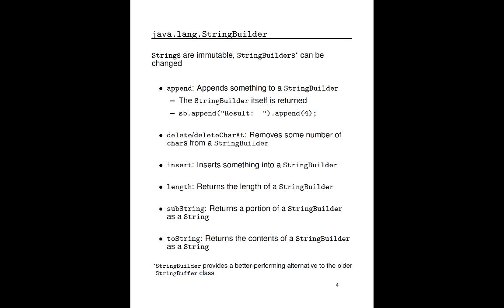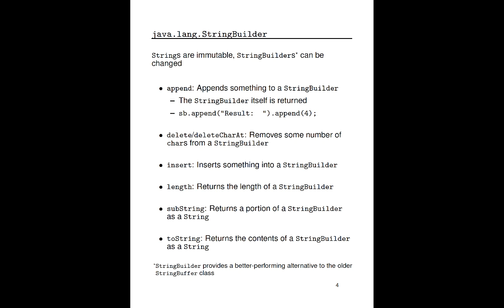So you can say something like SB, which refers to a string builder object. You can say append a string result, and then you can append the number 4 to it. And you can write it just like that. If you need to delete some characters or strings from a string builder, you can do that with the delete method. Similarly, you can insert something into a string builder at a given offset.